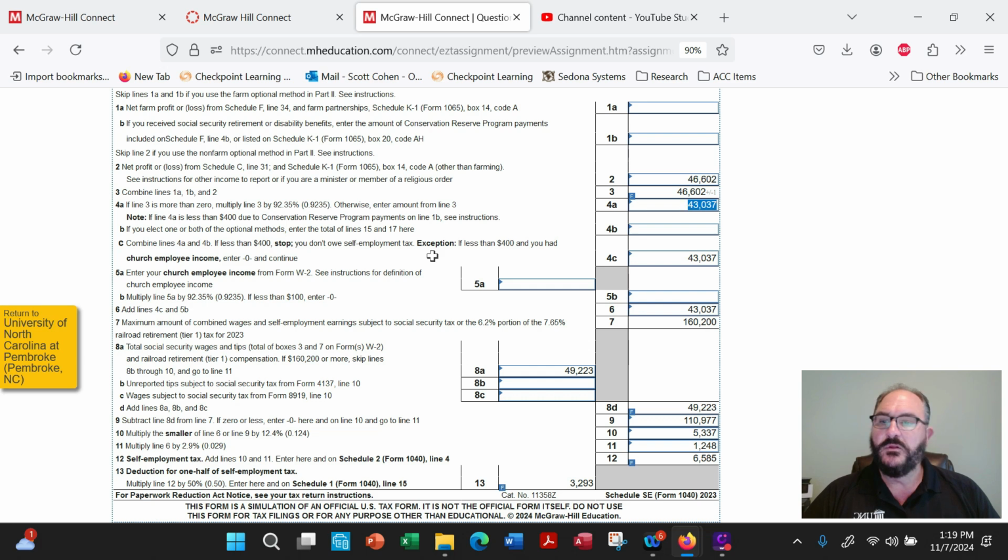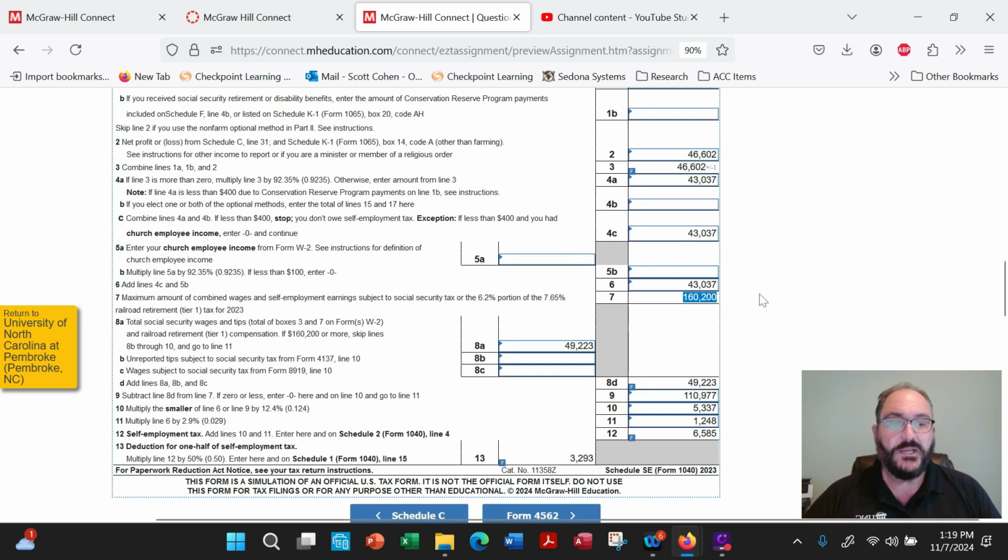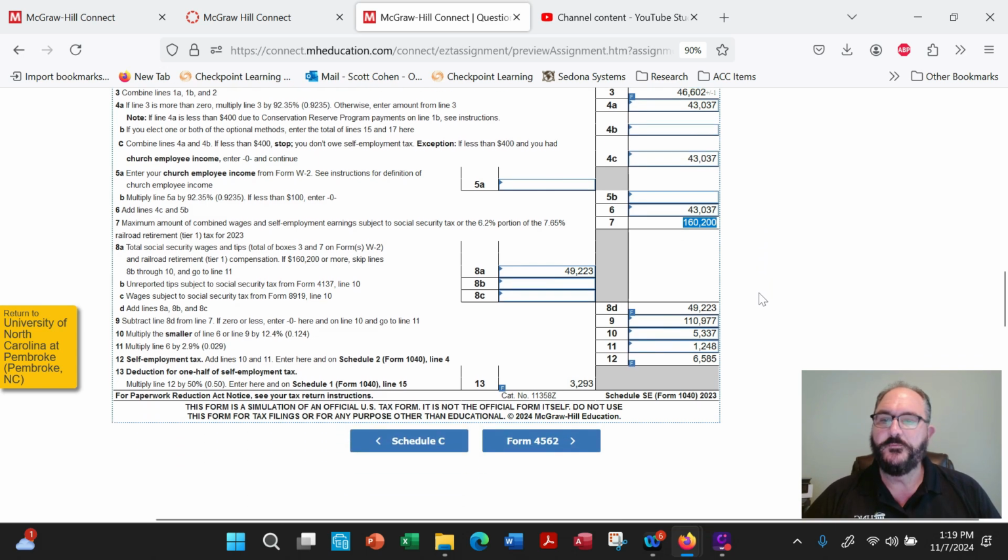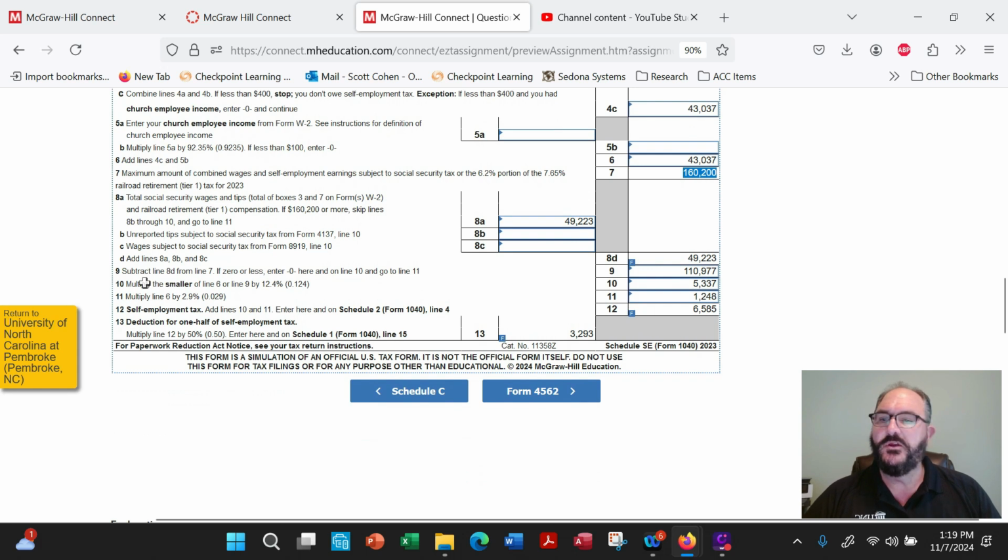So, and again, these will automatically fill out. If you're doing this, reading it by hand, line by line, you would just follow the instructions here. Notice this is the maximum amount, $160,200. That's the maximum for Social Security part of the taxes, not the Medicare part, but Social Security part. Okay. So you come down here.